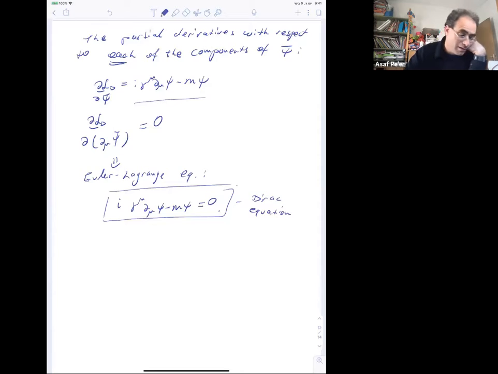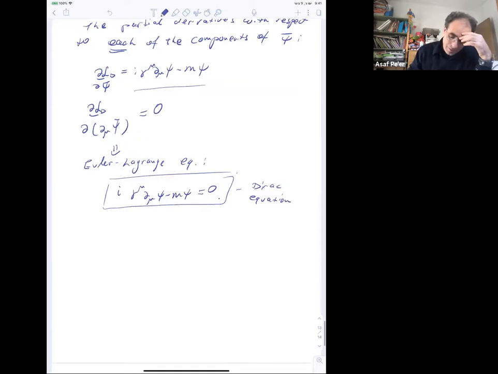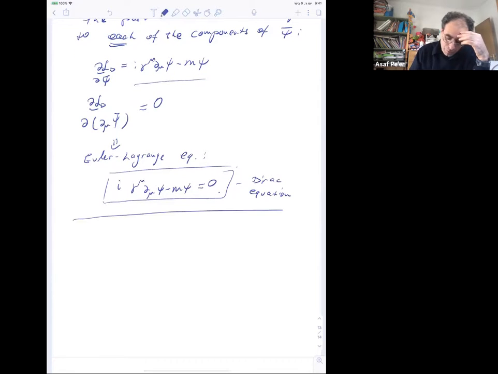No. Okay. Now remember, we treat psi and psi bar as independent coordinates, basically. So we have to take the partial derivative with respect to psi, which will give us another equation. If we take the partial derivative with respect to psi, dL over d psi is minus m psi bar.